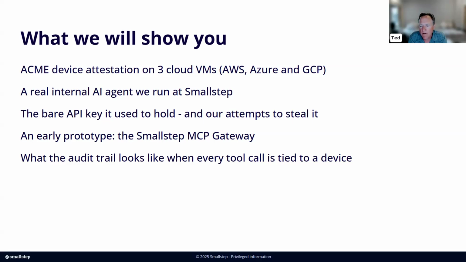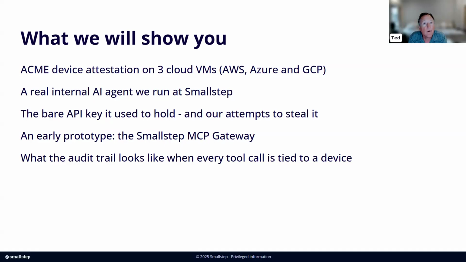So we leverage the power of these TPMs and secure enclaves to create hardware-bound device attestation credentials. And you can think about that in the context of AI agents as, they're not identifying the agent yet.